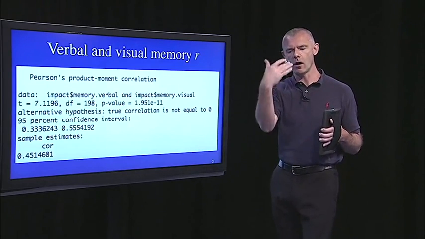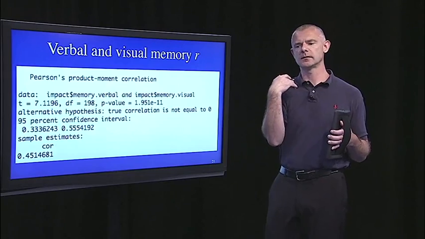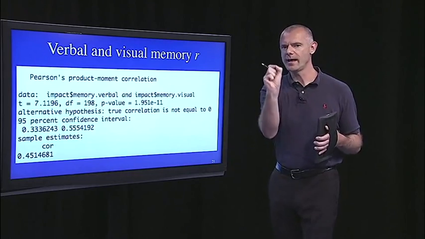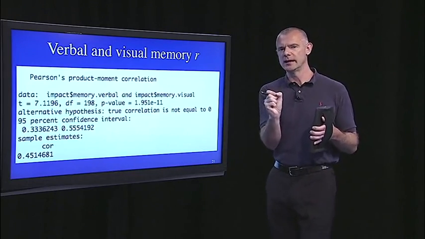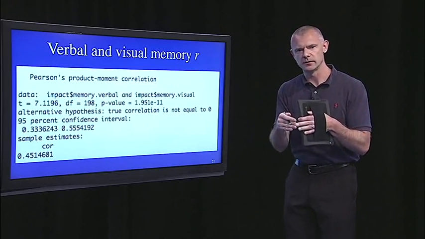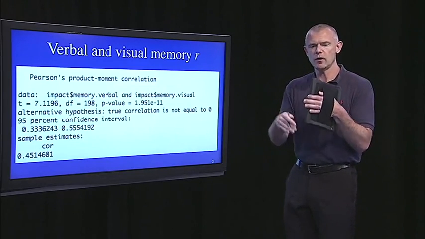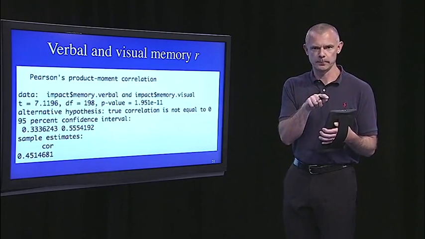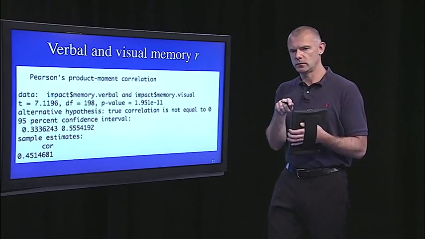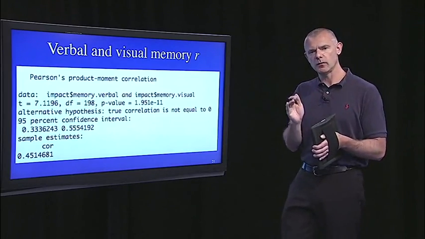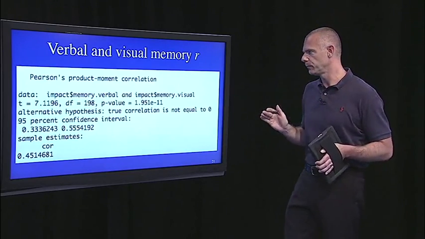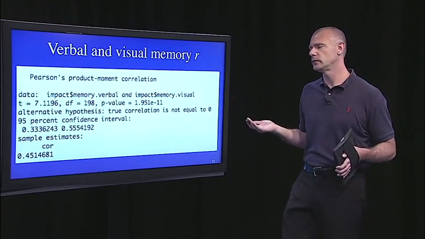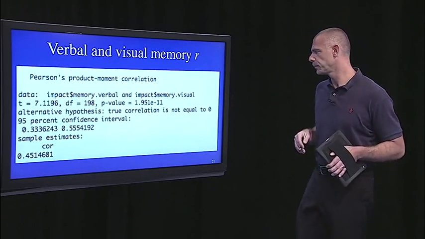If I know all the deviation scores on x, and I know the mean of x, then the last data point in that distribution is determined by those other values that I already know. So the number of values that are free to vary in any distribution is always n minus 1. There's n minus 1 in the x variable and n minus 1 in the y variable. We had 200 cases, so it's 200 minus 2. We have 198 degrees of freedom.